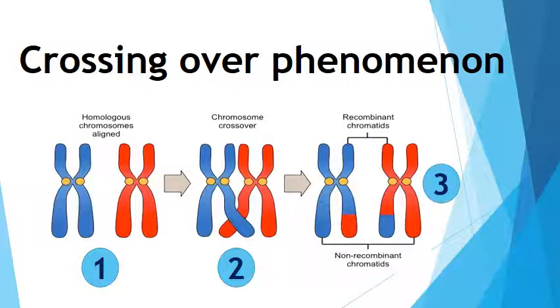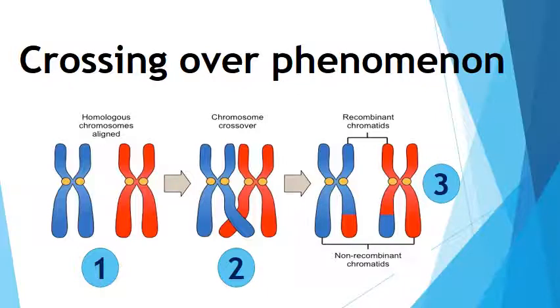Pay attention, if you don't have crossing over phenomena in meiosis division, all the humans have the same shape, the same eye color, the same hair color, the same length, the same anything.